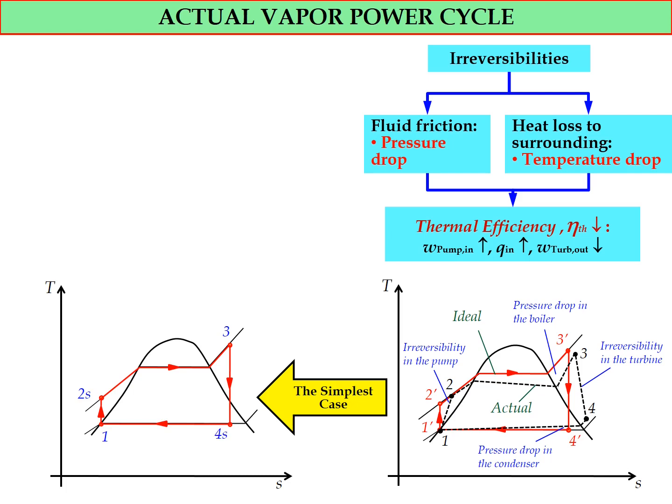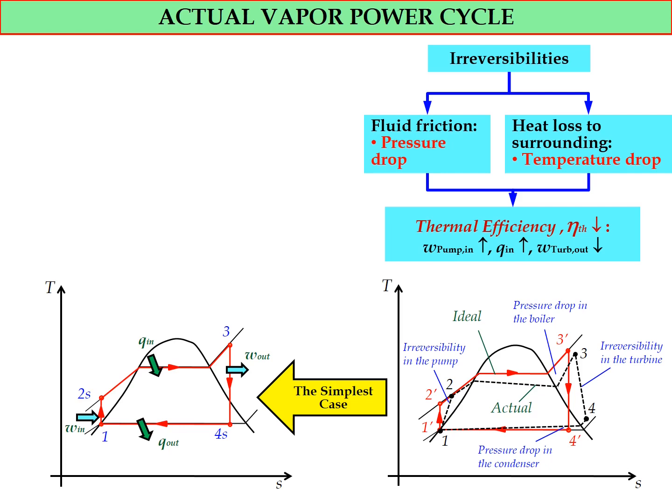We have state number 1, state 2s to represent the isentropic compression, state number 3, and also state number 4s that represents the isentropic expansion process in the turbine. At the pump, we will have W in. At the turbine, we will have W out. At the boiler, we need to supply Q in, and at the condenser, we need to release heat Q out.